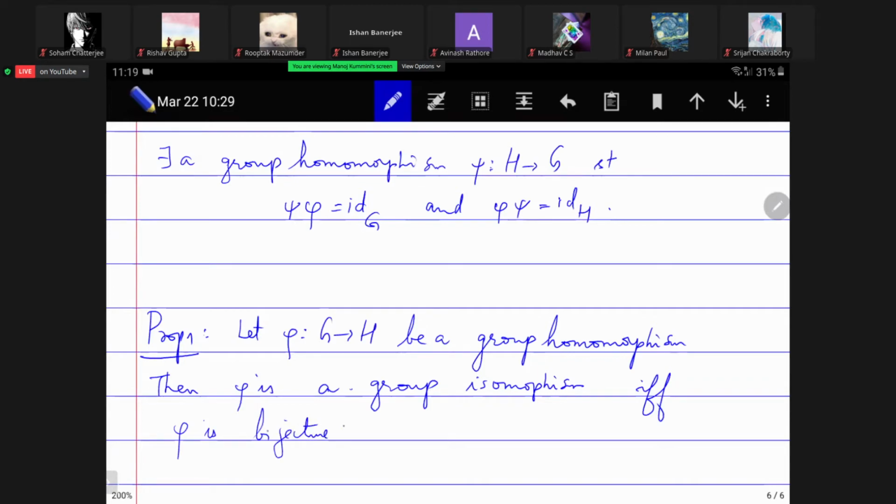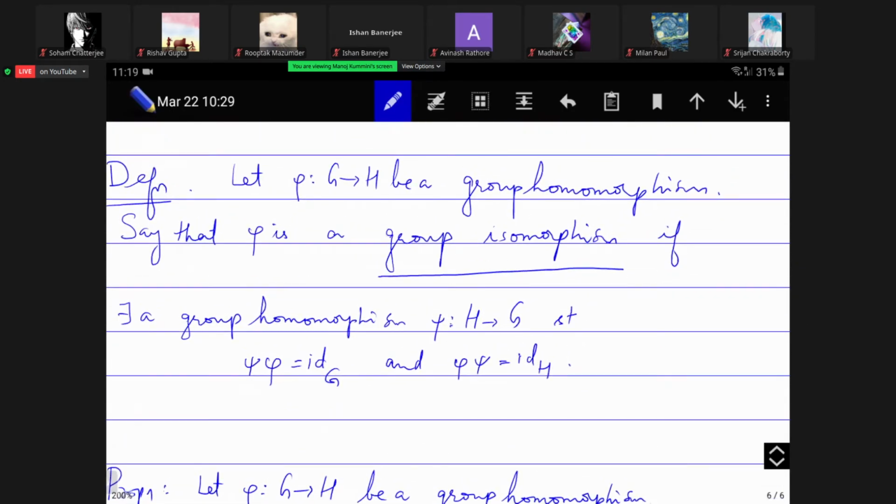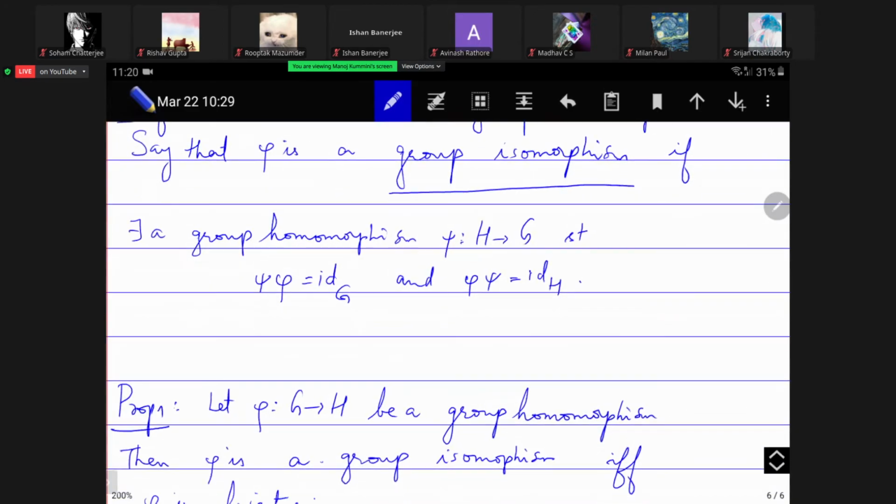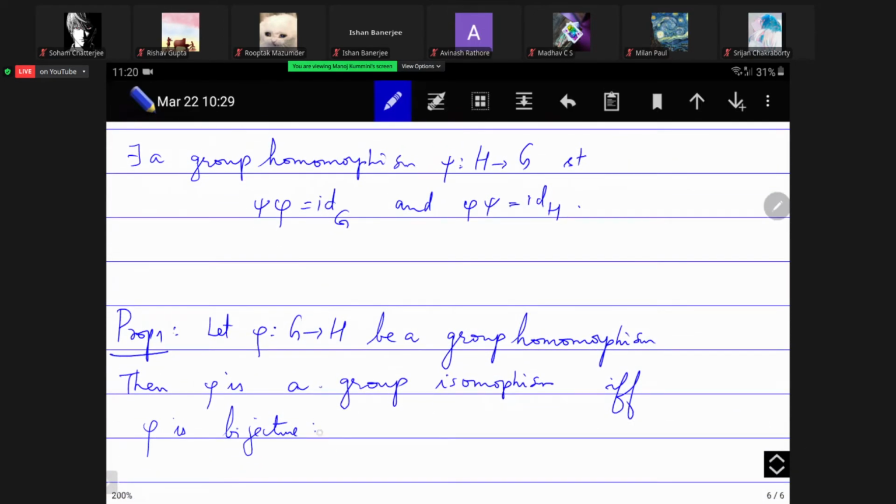In other words, group isomorphisms are exactly the bijective group homomorphisms. One could have defined it that way also, but the original definition tells us there is a morphism from G to H, a morphism from H to G, and the composites are nicely behaved. Yes, that's the proof.